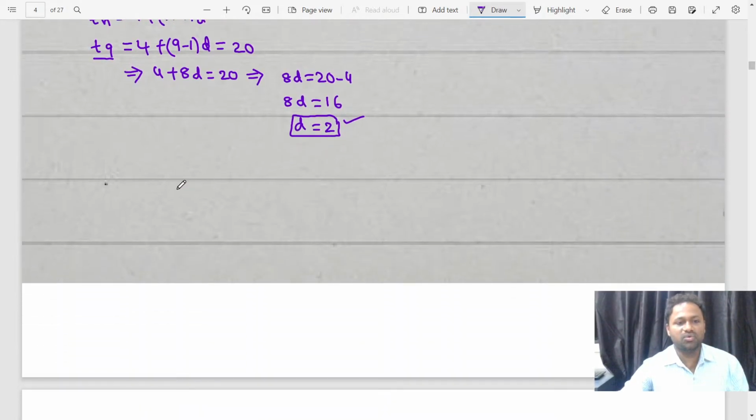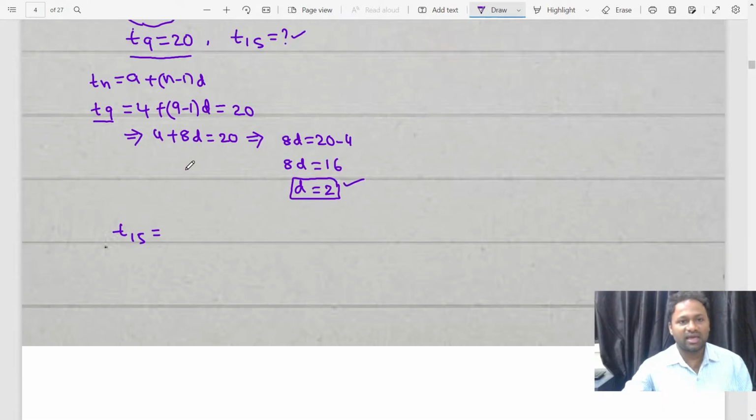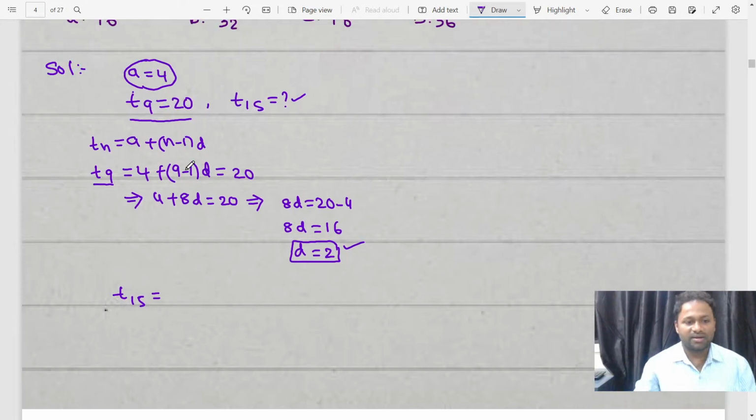See how to do T15. Very easy. T15 is equal to A plus (n minus 1) into D. A is 4, n is 15, so 4 plus 15 minus 1 into D, D means 2.